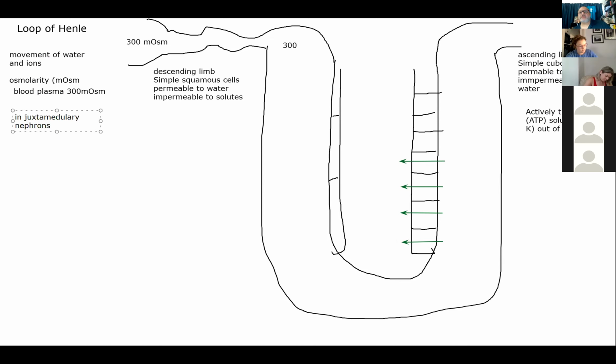Which, remember, let's go ahead and draw a line between our cortex and our medulla. So we're going to be actively transporting sodium, chloride, and potassium out of the filtrate. But because it is impermeable to the water, this time the water cannot follow.